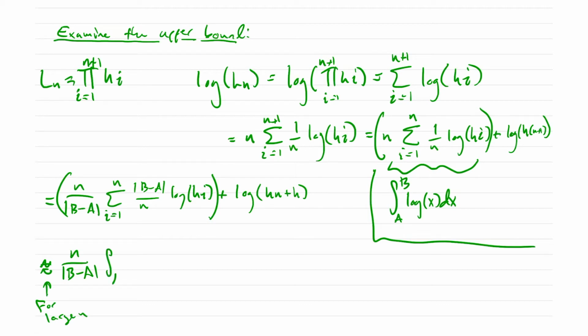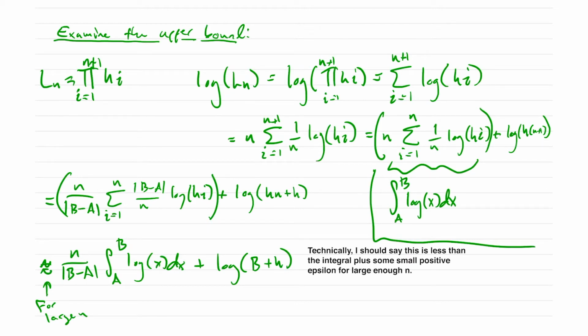of the times the integral from a to b of log x dx. Okay. Now plus the log of b plus h. Now, as n gets really big, that's going to end up getting very, very small.